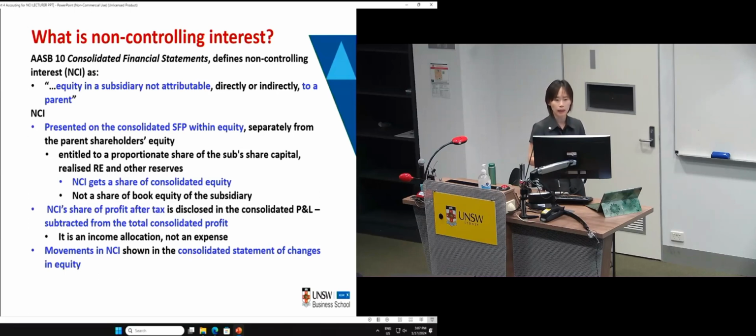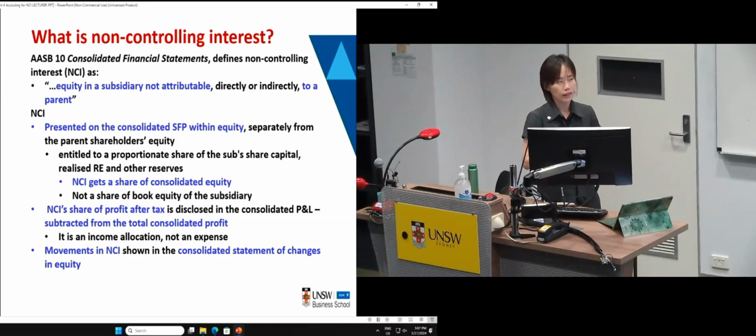Now why not liability, right? So you probably wonder why not liability. Now let's go back to recall the definition of liability. It requires a present obligation resulting from past events, and will eventually have future economic benefits flow out of the entity. Is there any existing present obligation? Or you can ask, does the subsidiary have a present obligation to pay anything to the NCI party? Now, the answer is no, right?